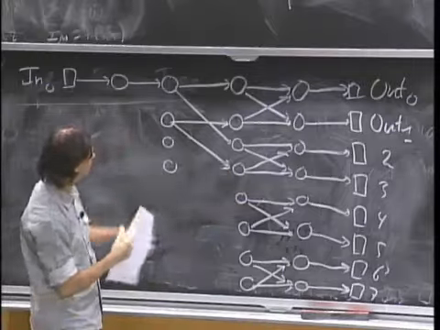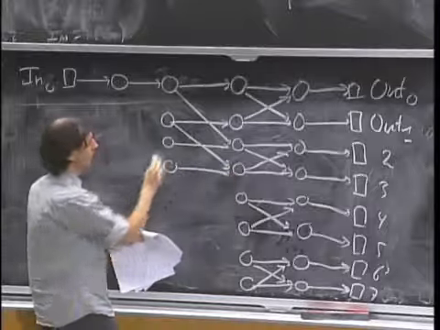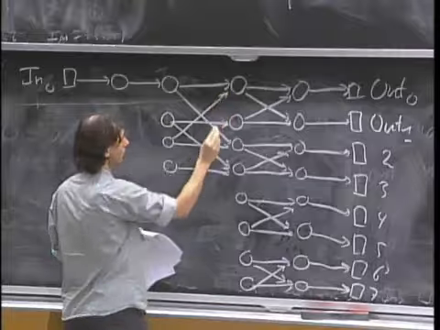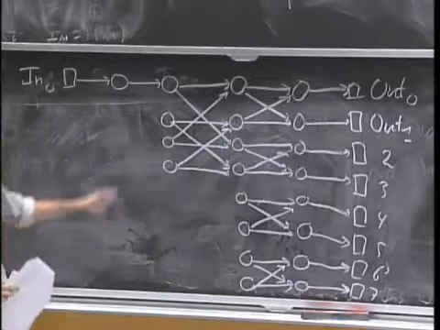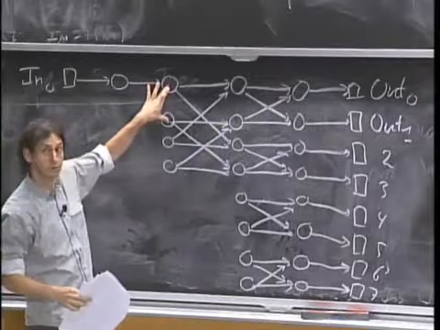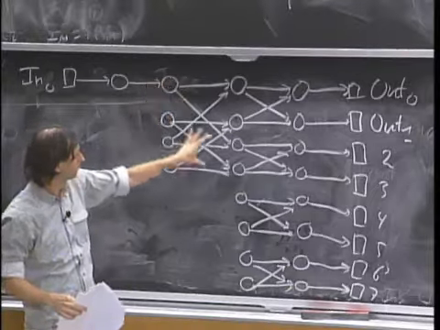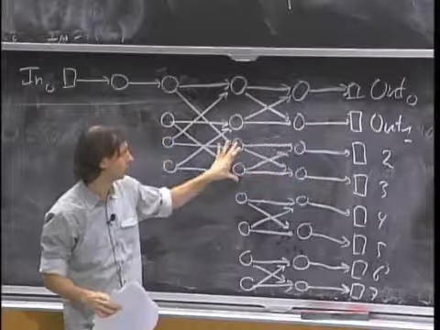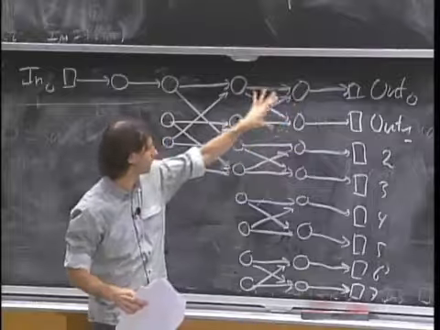So for these, we can either forward them straight on, or we can go to the top butterfly. So you see that these two switches either can forward packets to this sub-butterfly network or to the top butterfly network.